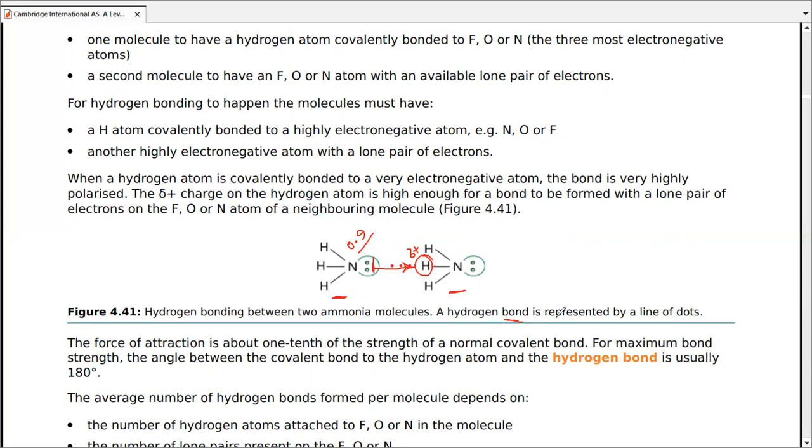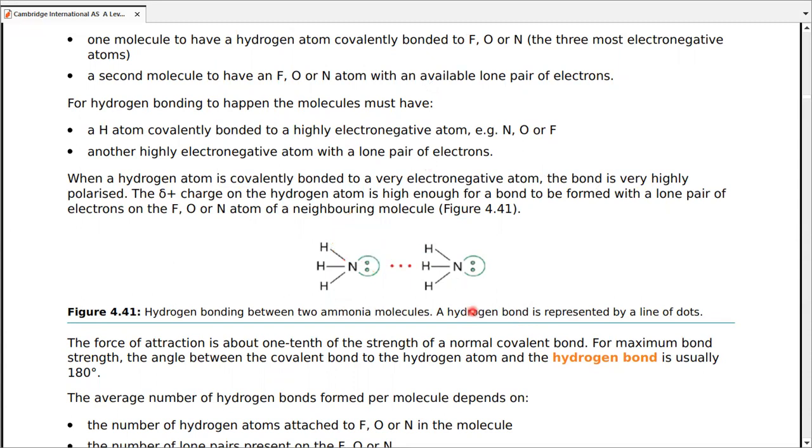Now, can we categorize it as a dative bond? No, since that does not fall under the category of dative bonding. Why? Because these values are closer to the terms, but not actually surpassing the boundaries that we required for ionic bonding or for dative bonding. Though we never had boundaries for dative bonding, but still, it has to be explained that way. Make sense?